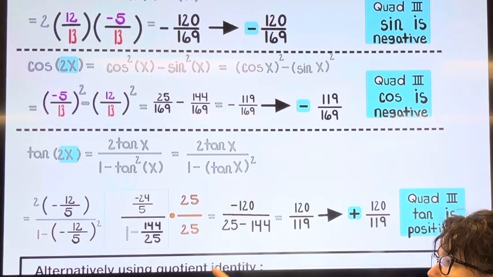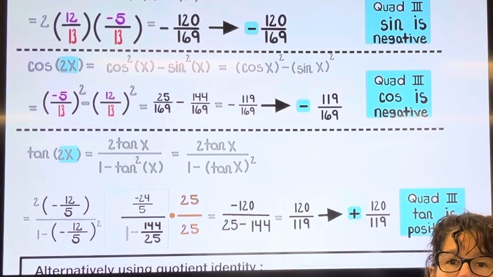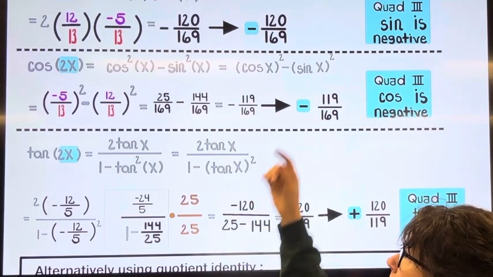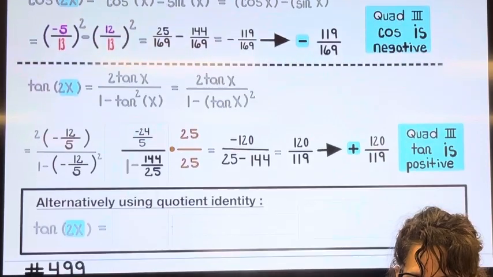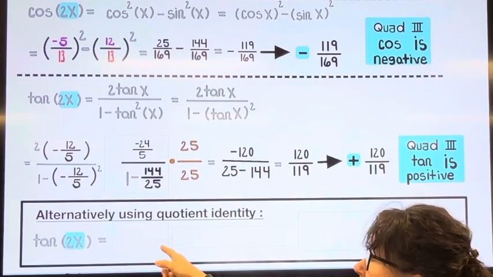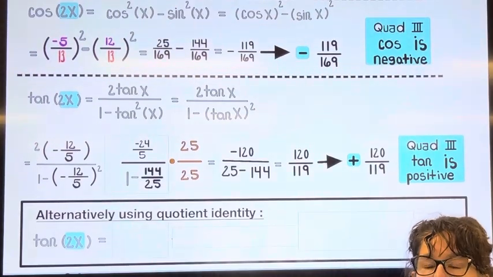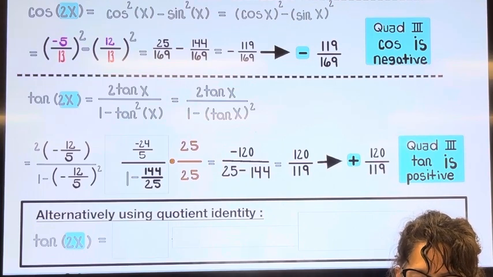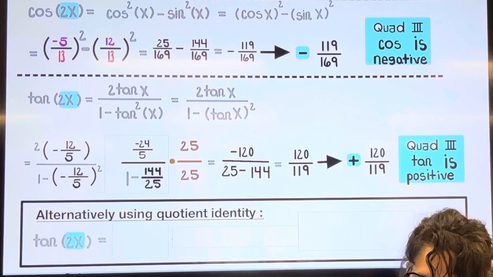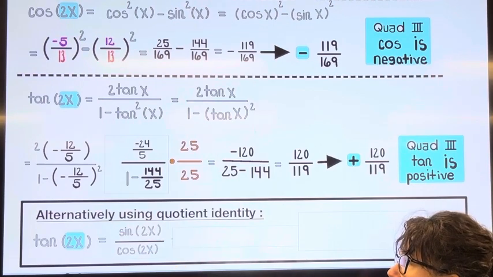Finally, a little shortcut just on tangent. If you've already gone to the trouble of finding the sine of 2x and the cosine of 2x, I could use the quotient identity. Remember, tangent is y divided by x, or it's going to be sine of 2x over cosine of 2x.